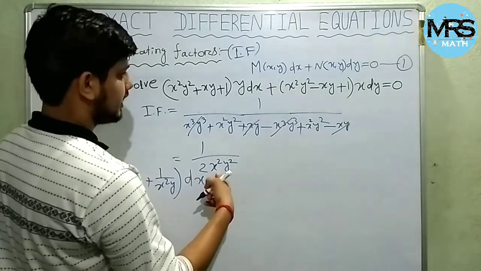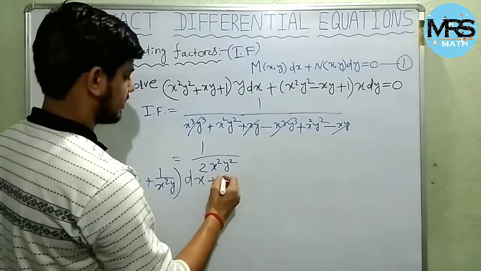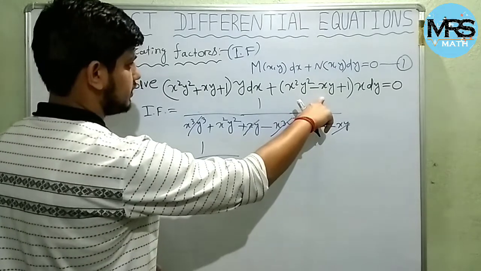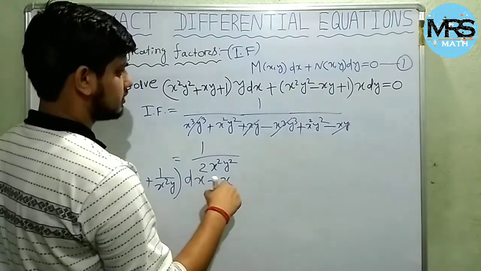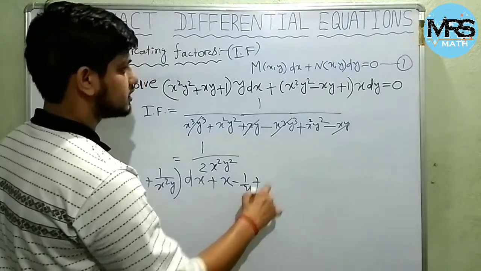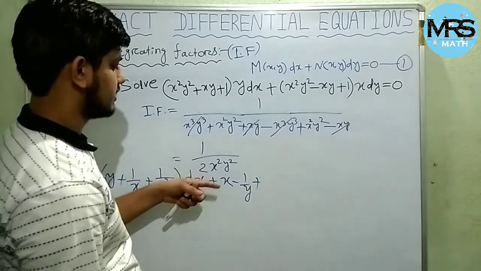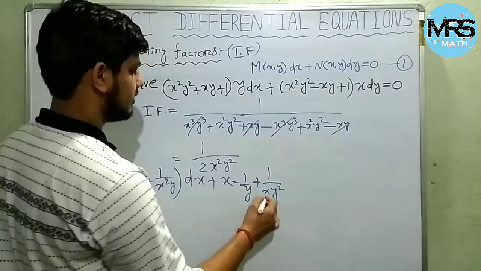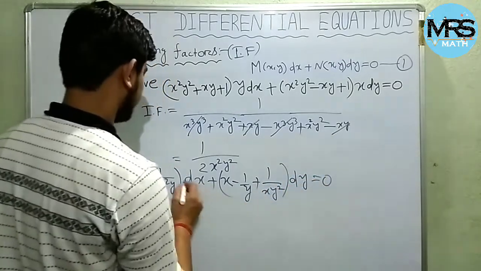This x square y square is there, so it will cancel, only x will be there, x minus here it will be xy, only x will cancel, so only minus 1 by y, plus this is x, so x will cancel, so only 1 by x y square will be there, into dy equal to 0.